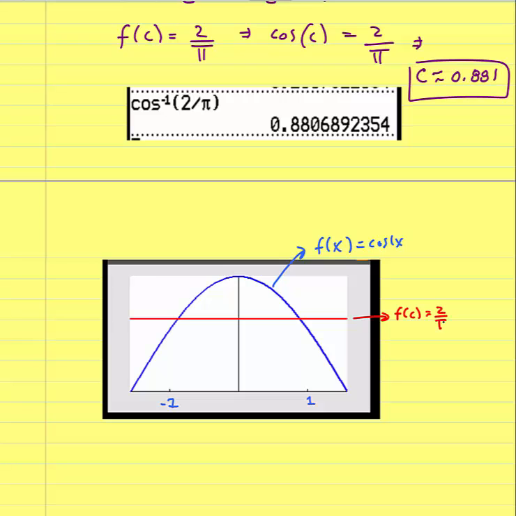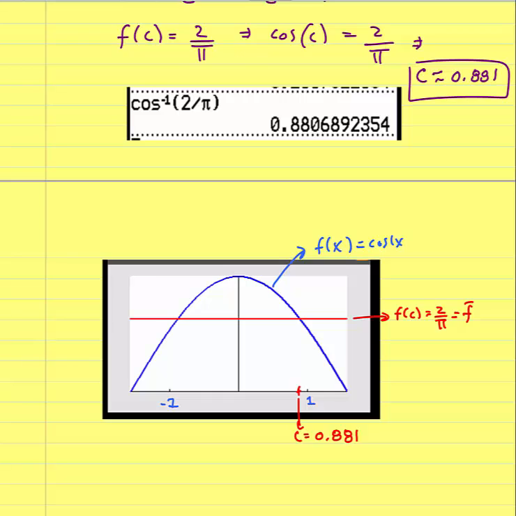This is the average value of my function. Now the question is, find the value of c that makes this true. Well, the value of c that would hit this spot would be right before here. So this is the value of c that makes that true, and it's approximately equal to 0.881. So that's what I'm looking for: the value of c on the interval that makes that true.